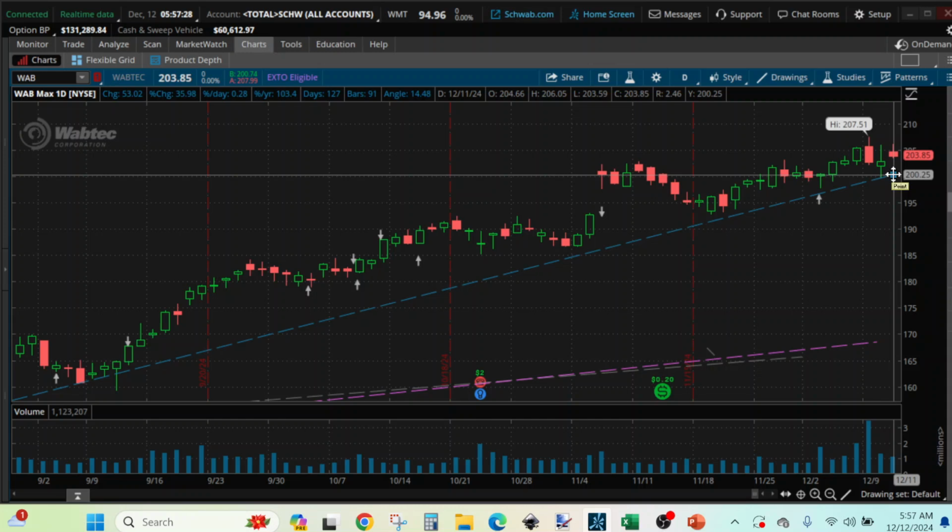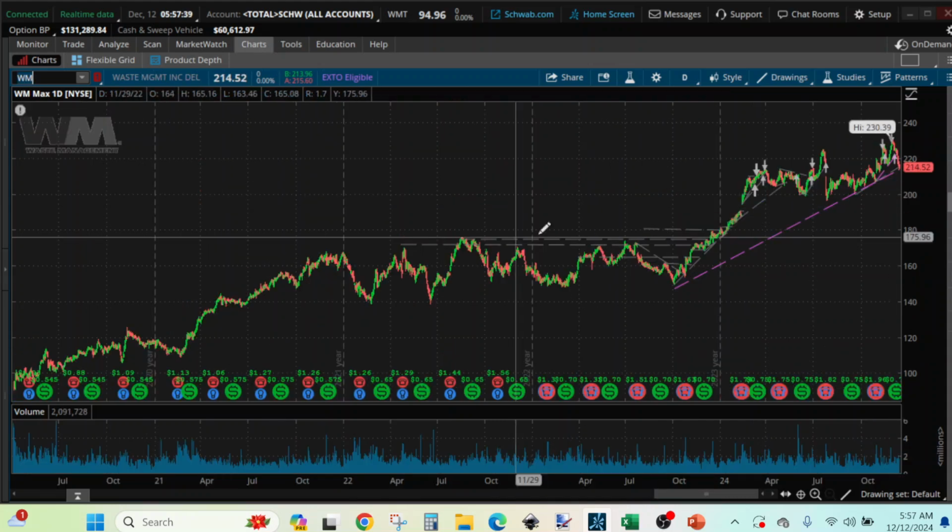Okay. WM is one that we purchased on a long-term trend, but you see where we bought it? It was not close enough and is here. If it starts going up from here, we'll buy it again. Let's see what line is that one.